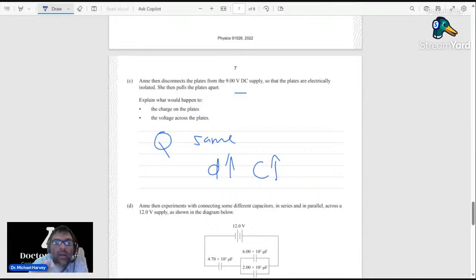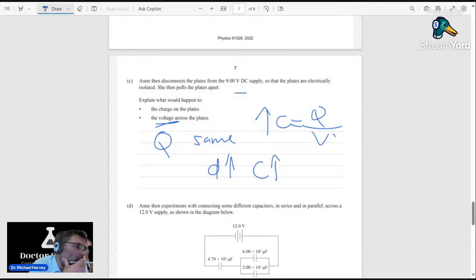In terms of the voltage, though, remember C equals Q over V. So if we've increased the capacitance and Q stays the same, then the voltage also has to decrease.